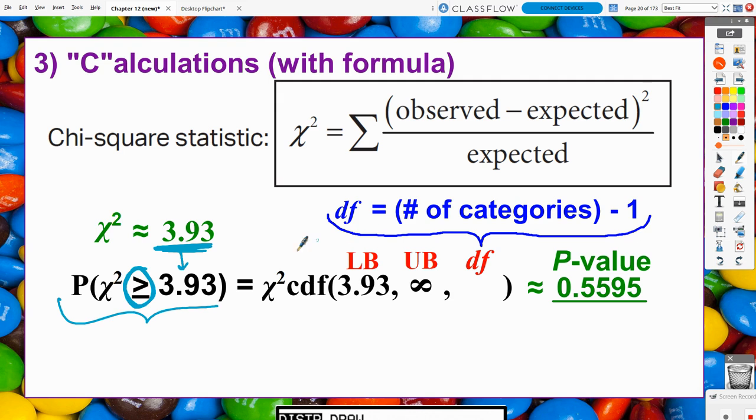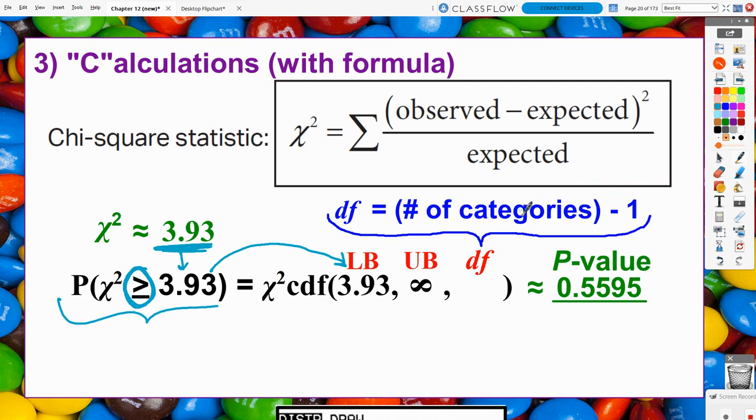Then, let me move this out of the way, we're going to select chi-square CDF. Our lower bound is always going to be that chi-square test statistic value that we got. The upper bound is always going to shoot up to infinity. And then we need to tell the calculator how many degrees of freedom there are. For a goodness of fit test, and this is going to be different for the other two types of chi-square tests that we do in video 2 and video 3, the degrees of freedom are the number of categories minus 1.